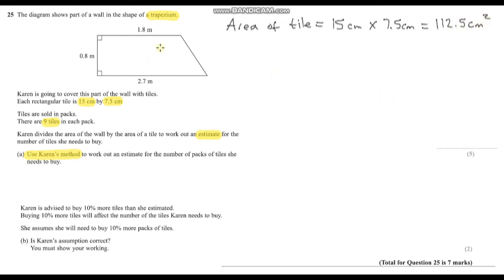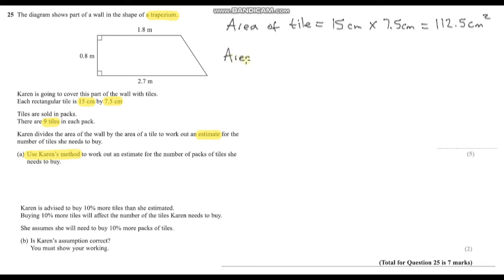And now we need to work out the area of a trapezium. So there's a few ways you could do this. You could break it down into a rectangle and a triangle. So if I were to draw a line down here, break it up into a rectangle and a triangle. Or you could just do it all at once, if you know how to calculate the area of a trapezium.